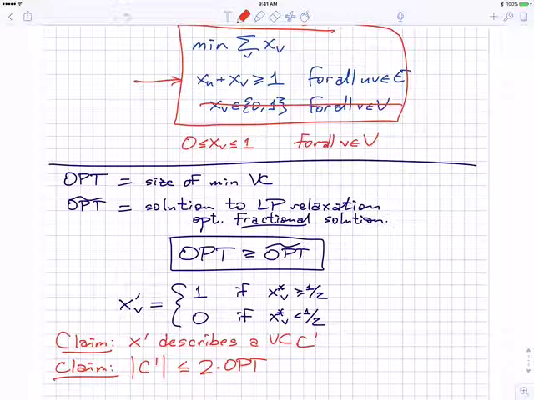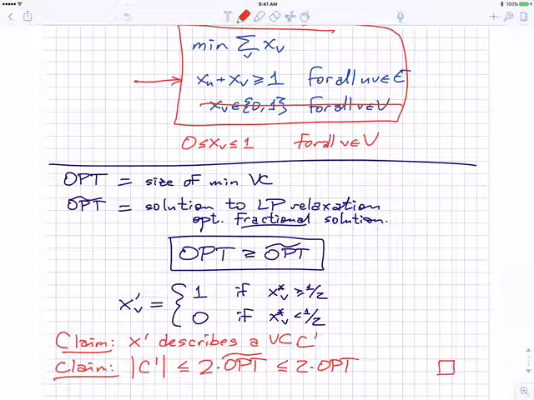Okay, so the worst that we could possibly do is double the objective value, which means that the size of this vertex cover is at most twice the value of the fractional solution. But we already showed that the fractional solution is at most the optimum integral solution, the actual size of the minimum vertex cover.